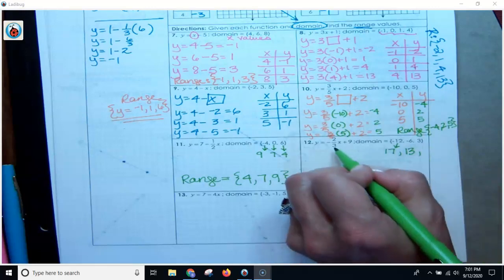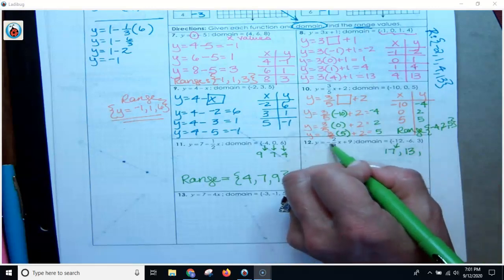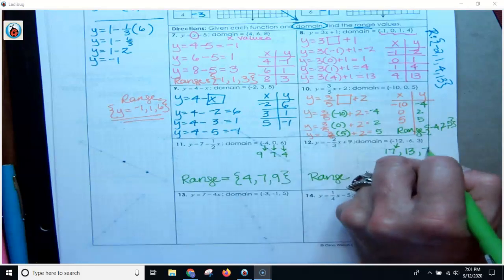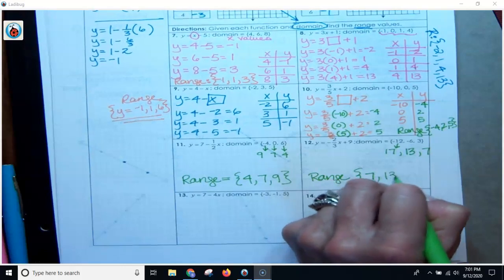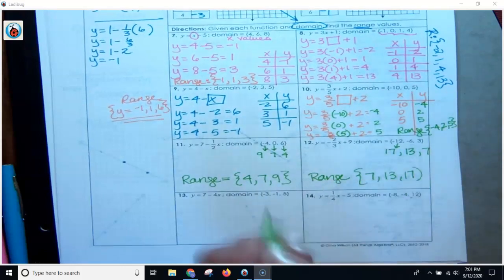And 3 times -2/3 is going to give me -2, plus 9 is 7. So my range would be 7, 13, 17.